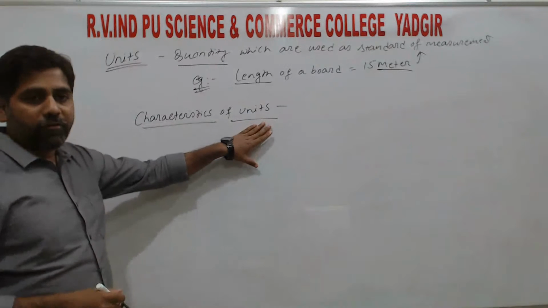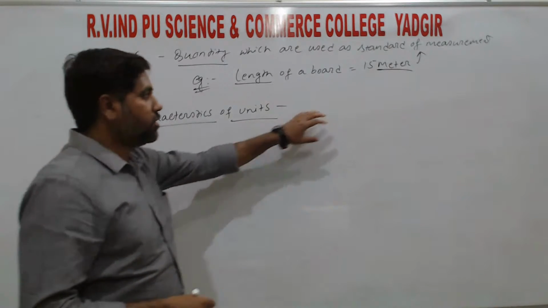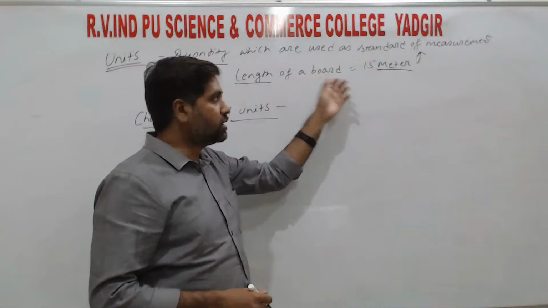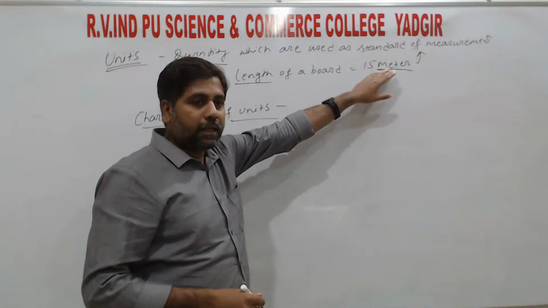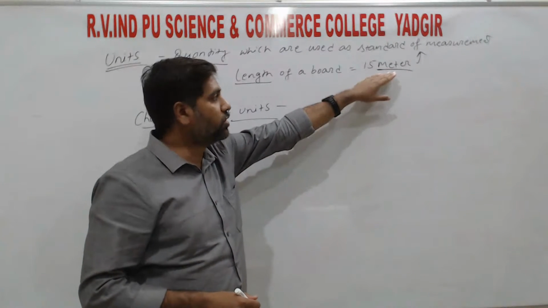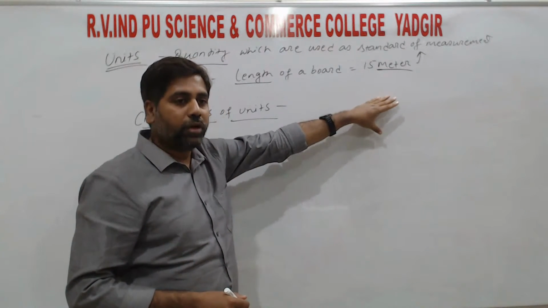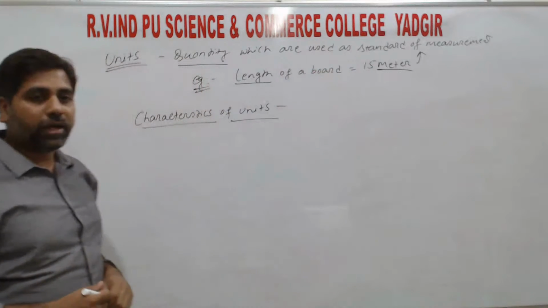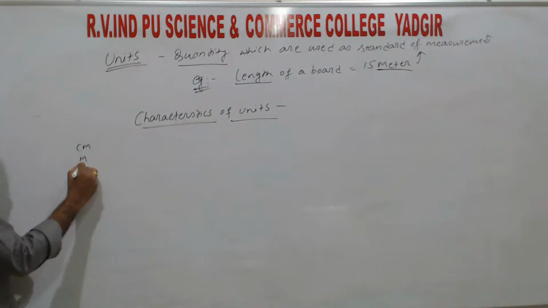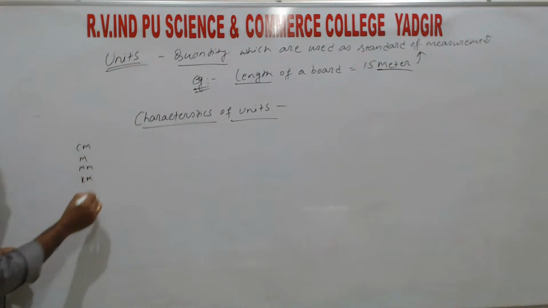So when we define units, these are the quantities. When we say length, we can measure it in either meters, centimeters, millimeters, or kilometers, right? So these are all what we call the units. So for length we have 3 to 4 types of units: centimeter, meter, millimeter, and kilometer.